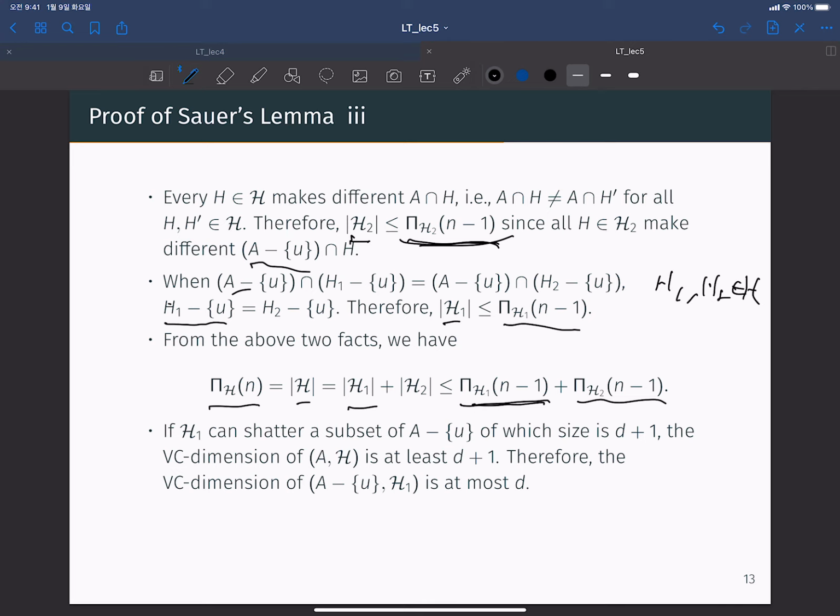If H1 can shatter a subset of A minus U of size D plus 1, then the original hypothesis set H can also shatter a subset of A having size D plus 1. But since the original hypothesis set H has VC dimension D, this is not possible. So the VC dimension of A minus U with H1 is at most D.